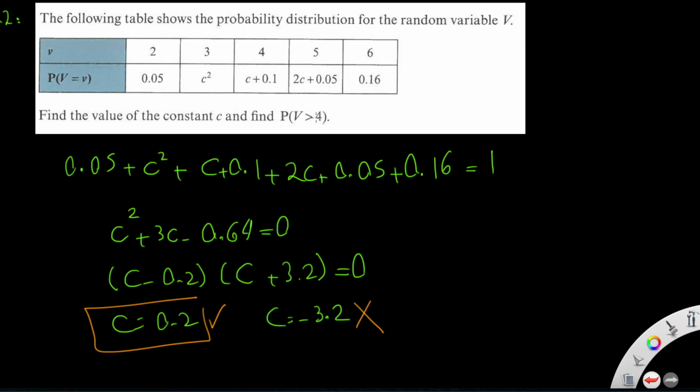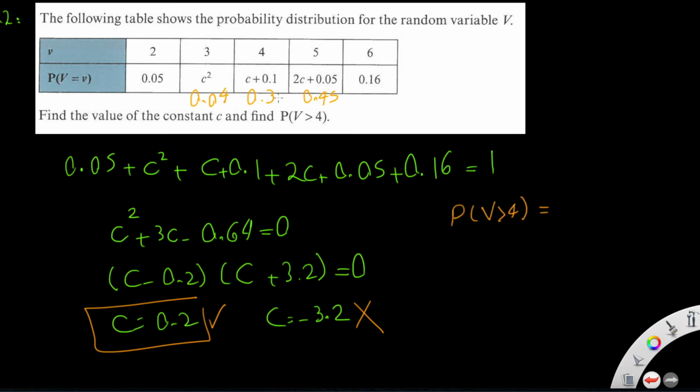Now this 2c plus 0.05 will be 0.45, and here will be 0.3, and here will be 0.04 if you replace c. Now the next part wants you to find the probability of v more than 4.